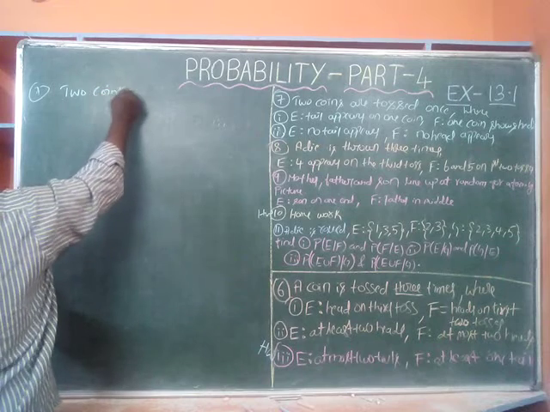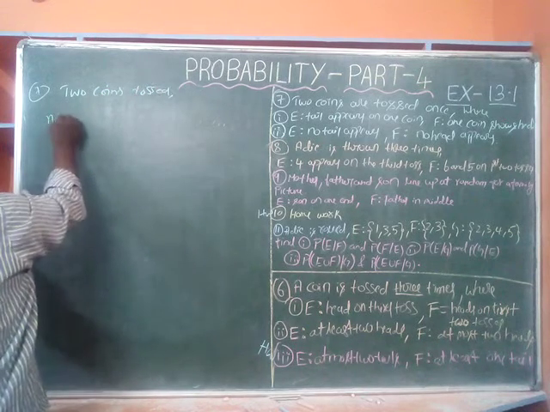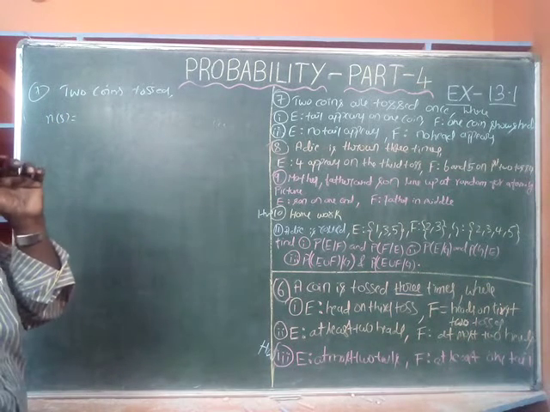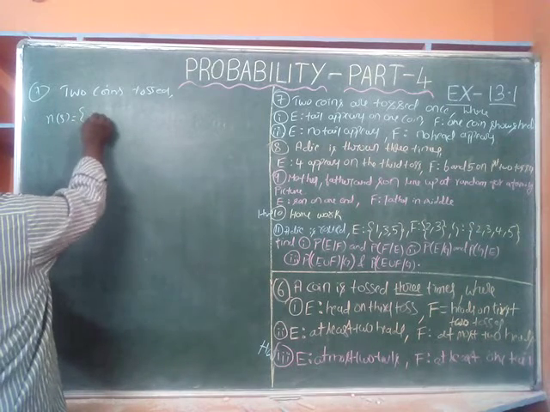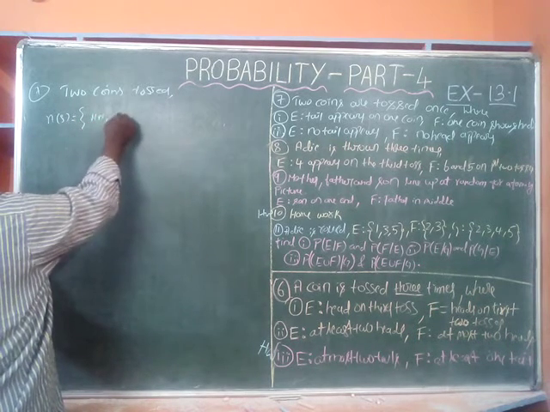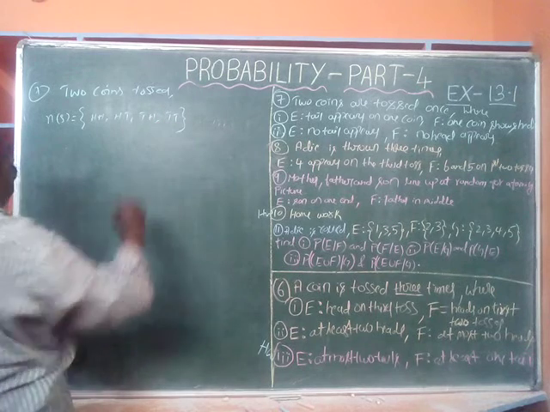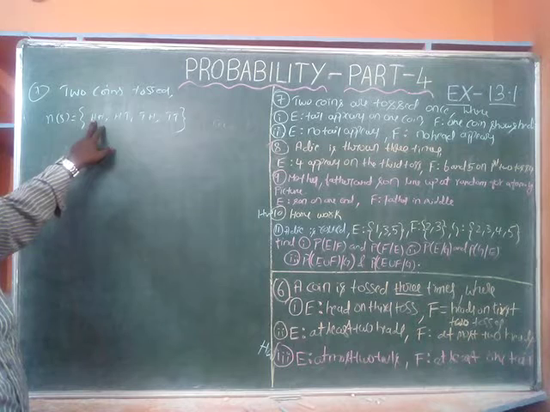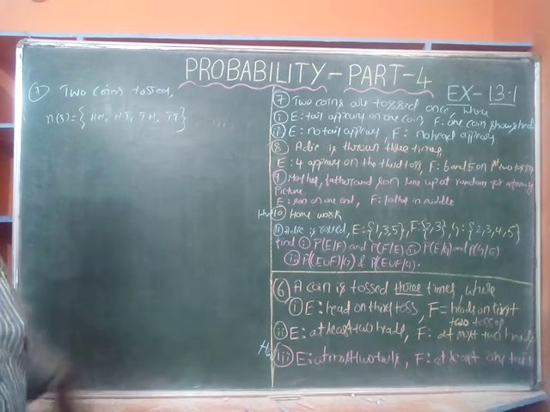Two coins tossed. That is N of S, the total number of events. When two coins are tossed, the outcomes are: two heads, or one head and one tail, or tail and head, or both tails.